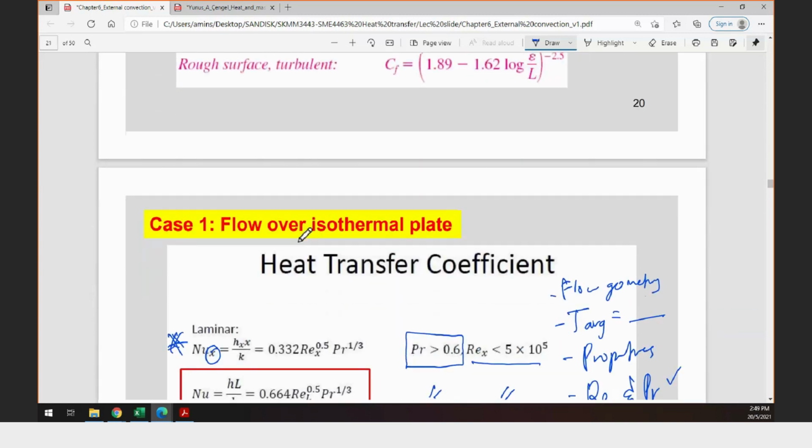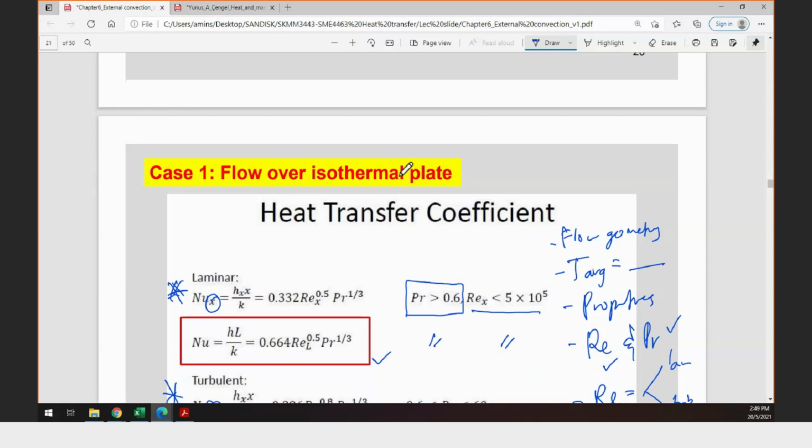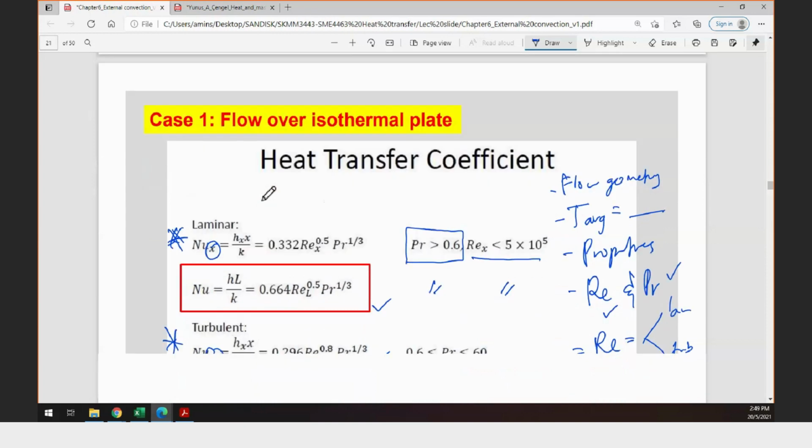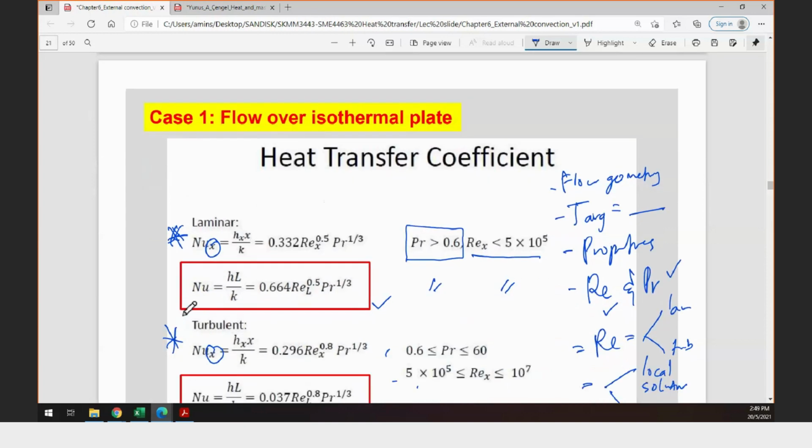This one, flow over an isothermal plate. I'm not sure whether you are aware or not, but the original Nusselt number equation here is under an isothermal plate. What is meant by isothermal plate? Ts is a constant. The surface temperature is constant at a specific, fixed value.